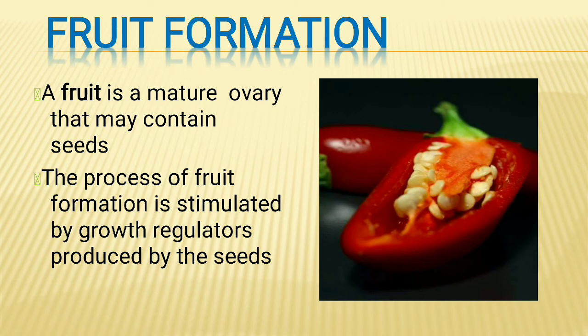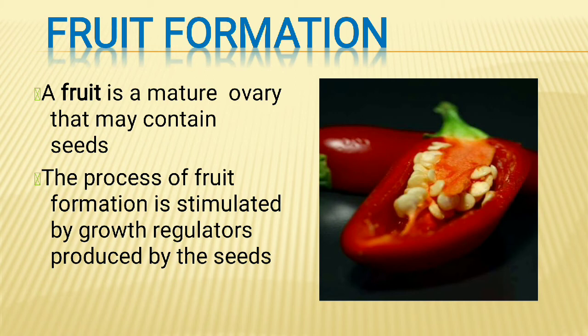I have explained parthenocarpy to you in the first chapter. Parthenocarpy is the formation of fruit without seeds, I have told you. So hence I have said there, a fruit may contain seeds or may not. The process of fruit formation is stimulated with the help of some growth factors.